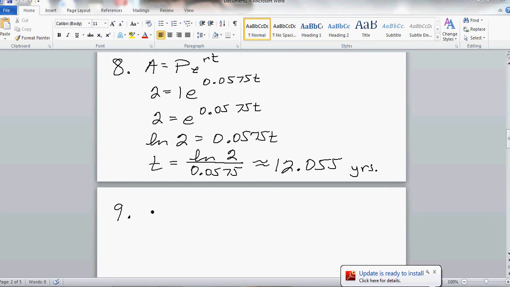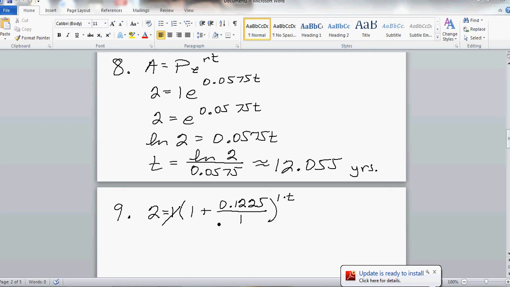So suppose we start out with $1 at 12.25%, compounded once a year. We want to know how many years it will take for that to double. And so divide both sides by 1. In other words, 2 is equal to this.